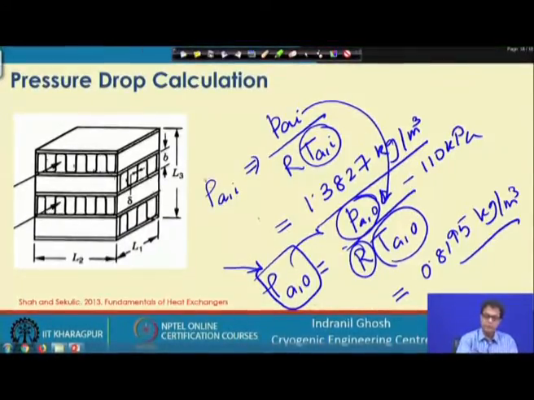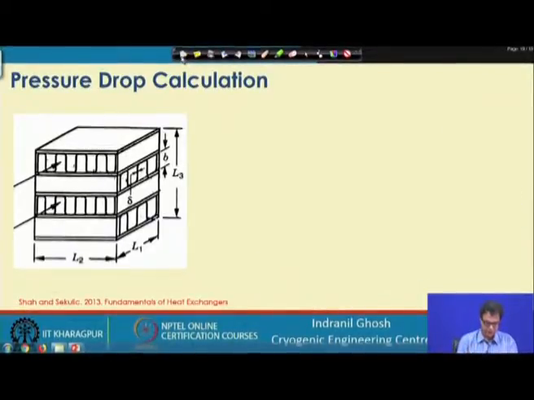So, based on these two values of rho inlet and rho exit, we can then calculate the rho m. This will come out as 1.0291 kg per meter cube.